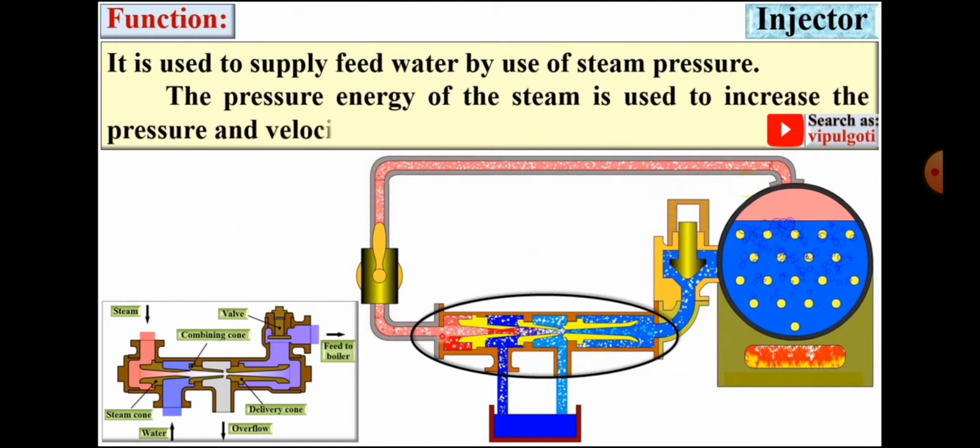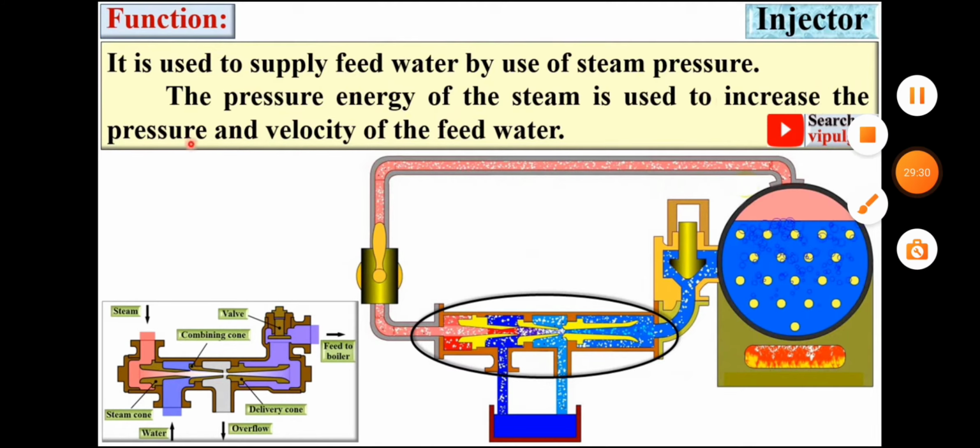By the use of the steam pressure, increase the water pressure. The pressure energy of the steam is used to increase the pressure and velocity of the feed water.